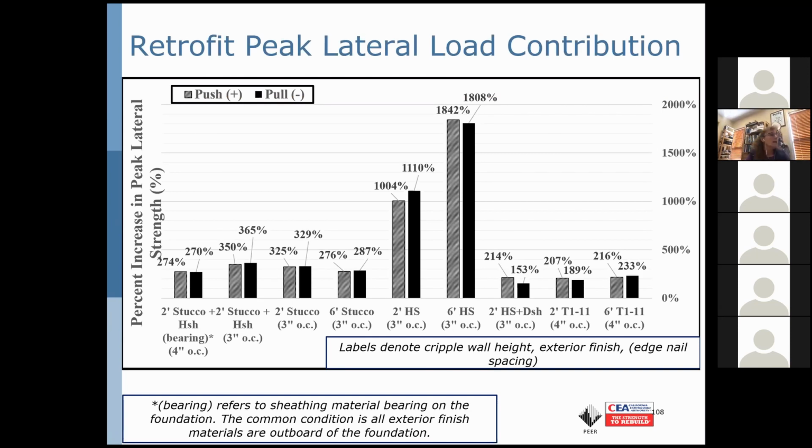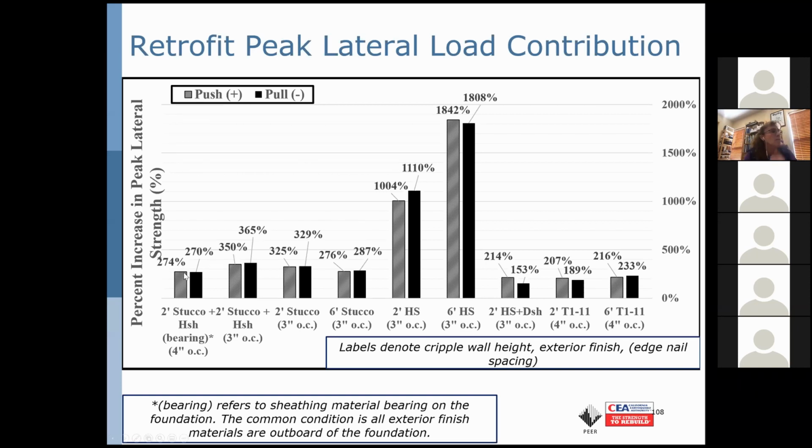These bar charts, if they ever come up, articulate the percent increase in peak lateral strength for the families of like specimen. In other words, in the event that a 2-foot stucco over horizontal siding specimen is retrofit, what type of increase in push and pull, since we have the benefit of understanding the strength in both directions, does one observe?